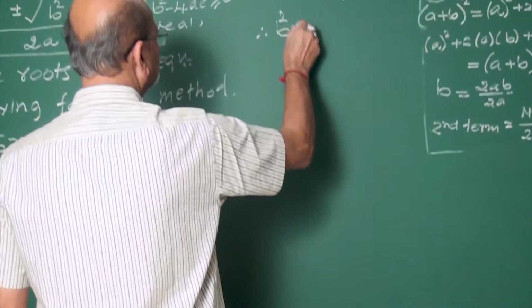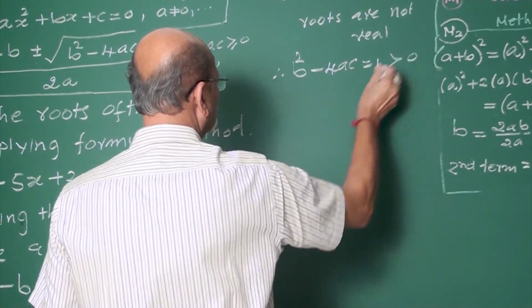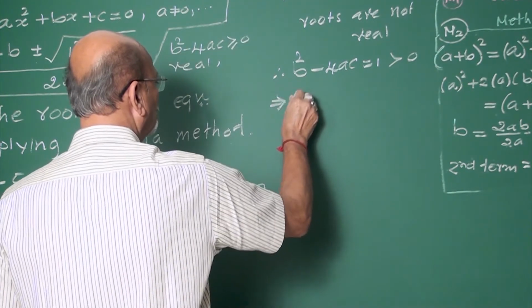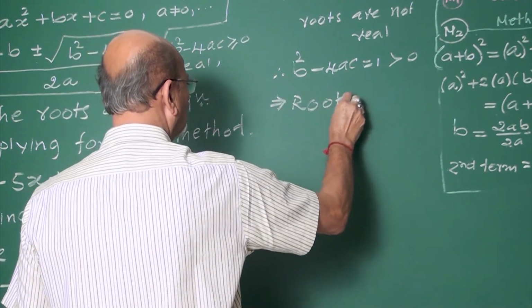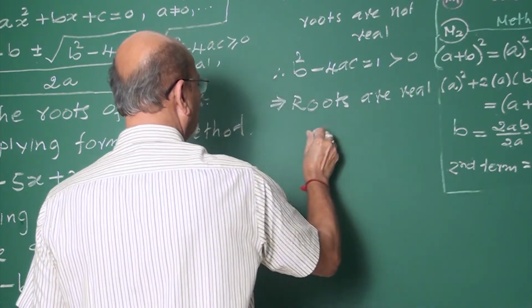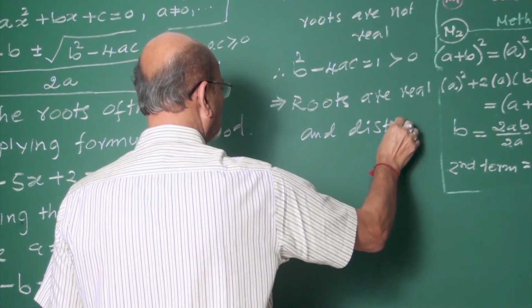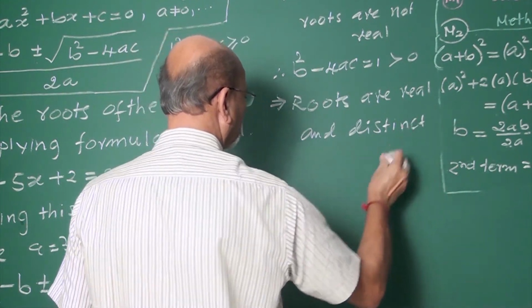Therefore, b square minus 4ac equal to 1, which is positive, implies roots are real and distinct, both are different.